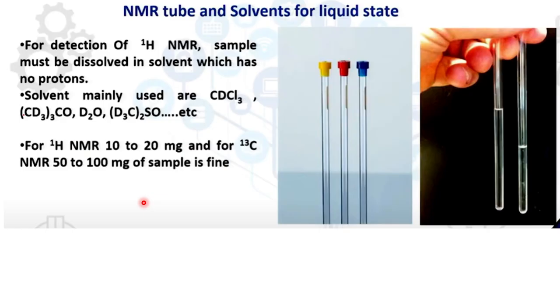If your sample is soluble in water, then you should use D2O as the NMR solvent. If your sample is soluble in methanol, then you go for CD3OD. NMR solvent is also a little bit high in cost.